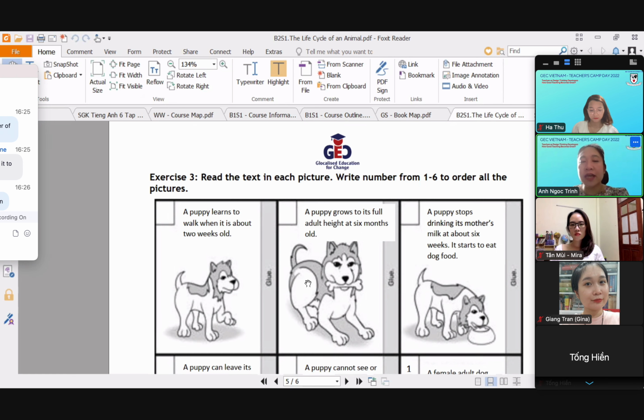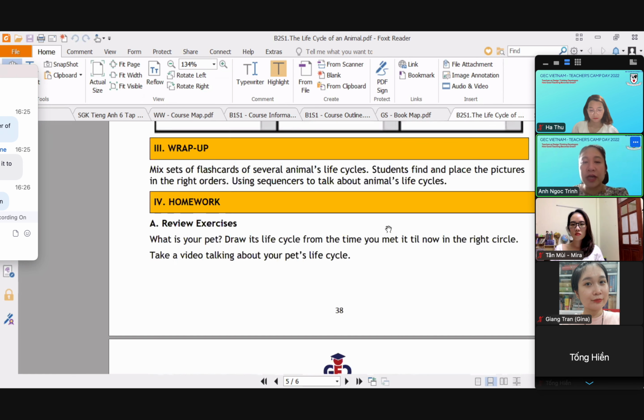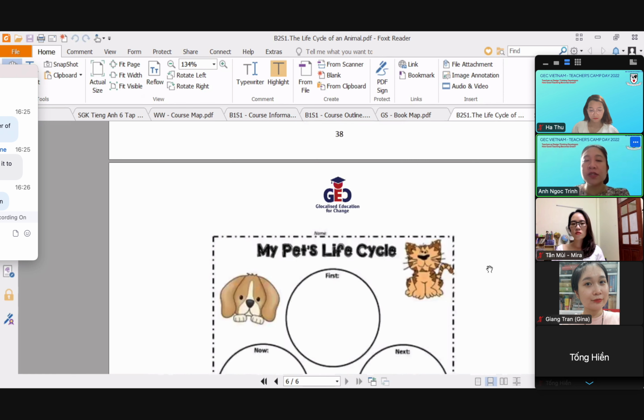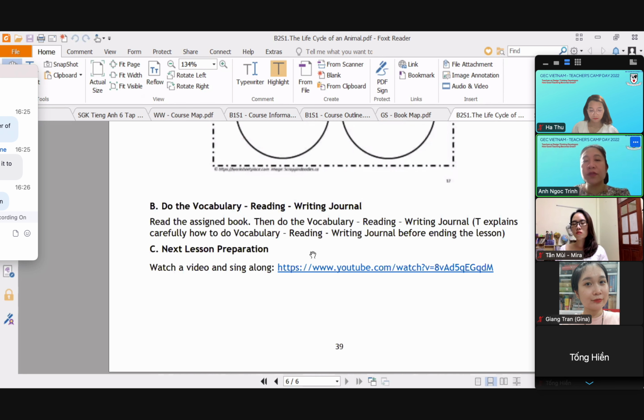So all the things there are input. So they process and they do the journal by themselves, and they prepare the next lesson by themselves. So all the types of learning happen in one lesson.